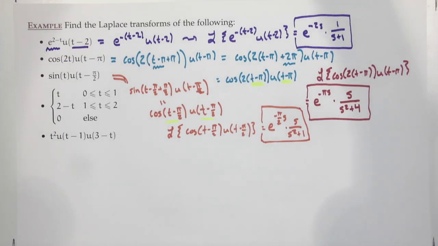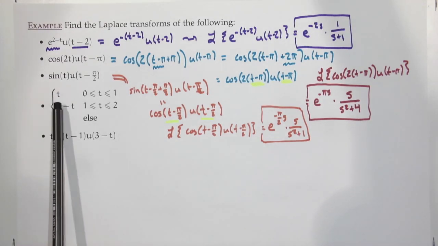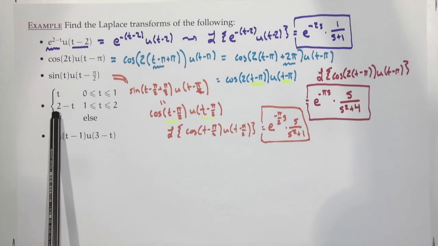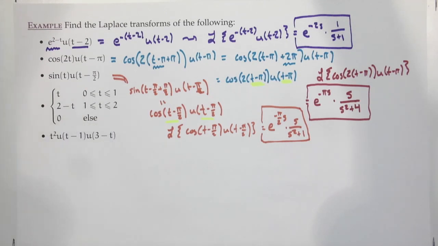All right. Next one. t if we're between 0 and 1, 2 minus t if we're from 1 to 2, and 0 otherwise. All right, so this is a piecewise function. And whenever we have piecewise functions, we should expect to see the function u, because u is built for handling piecewise things. So how does it work?